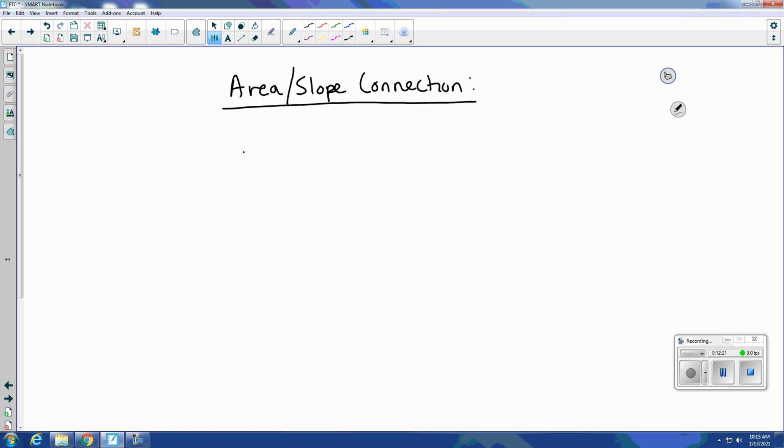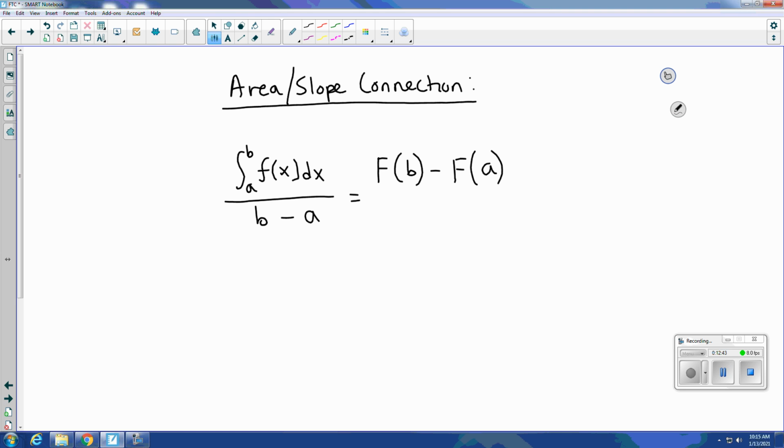We know that the average value is computed by taking the integral of the function and then dividing by the length of the interval. From the fundamental theorem of calculus, part 2, we know that to compute the integral, we have to take the antiderivative at the upper bound, subtract the antiderivative at the lower bound. So these two things are equivalent. So make a note, this is FTC part 2.